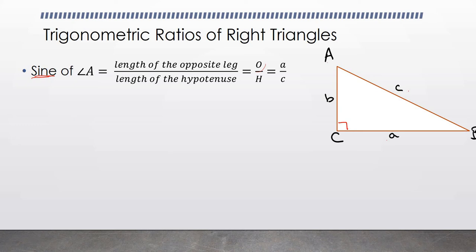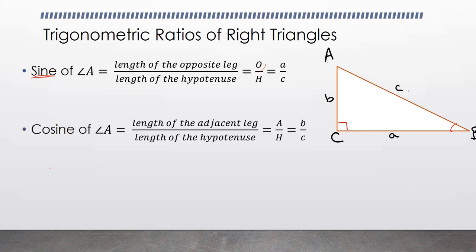So the sine of angle B would be its opposite over the hypotenuse, or B over C. The cosine, again looking at angle A for the purposes of this slide, is the length of the adjacent leg, the leg next to angle A, over the hypotenuse. So for angle A, it would be B over C. The cosine of angle B in this case would be its adjacent, A over C.